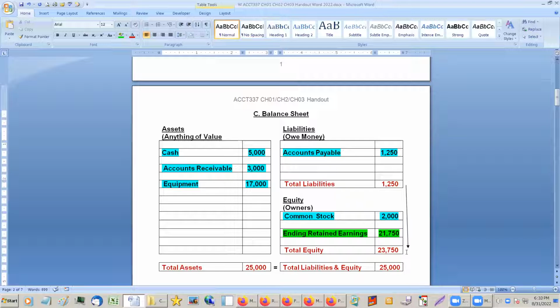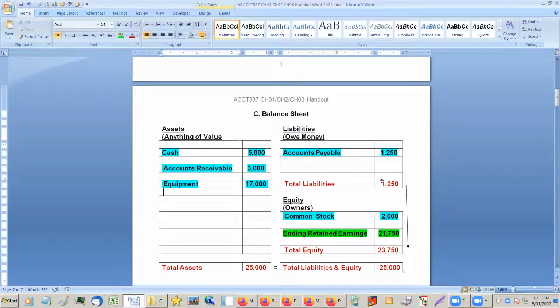Now you might be wondering, okay, they equal, what does that mean? What that means is this: you've got all these assets, all this stuff that you have, and the question is, how'd you get them? They have a value, so they have to come from somewhere.